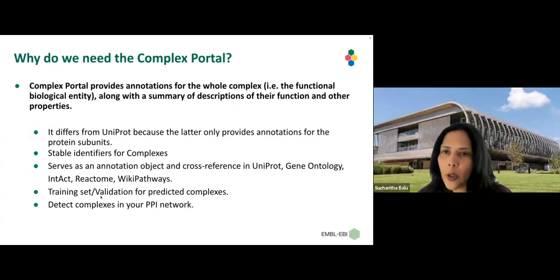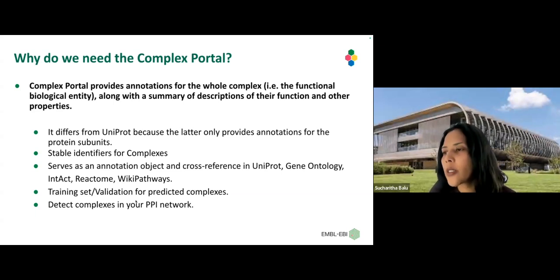So why do we need the Complex portal? As per the last slide, what's so great about the Complex portal is that by referencing across lots of other databases, it helps you build up a comprehensive picture of a complex all in one place. While we do have a great resource like UniProt, UniProt tends to focus on individual proteins and their function, whereas the Complex portal focuses on the complex as an entity.